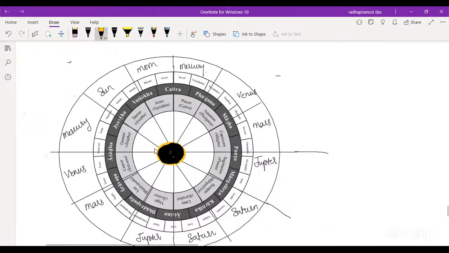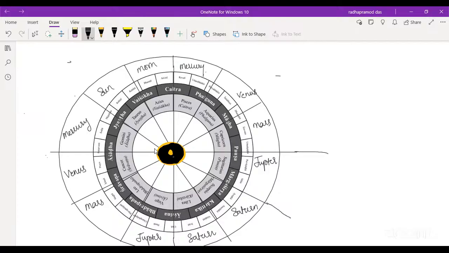Now we know that this is all the rashis, the signs. What is the position of these?